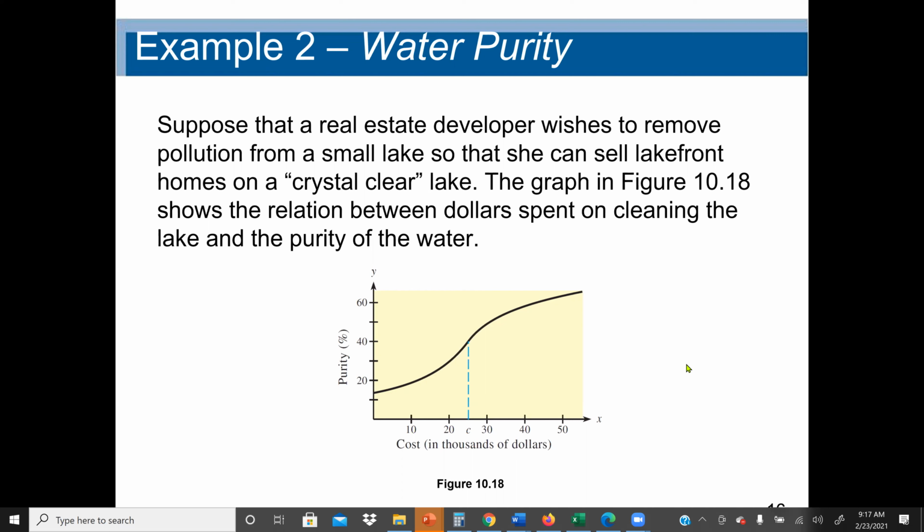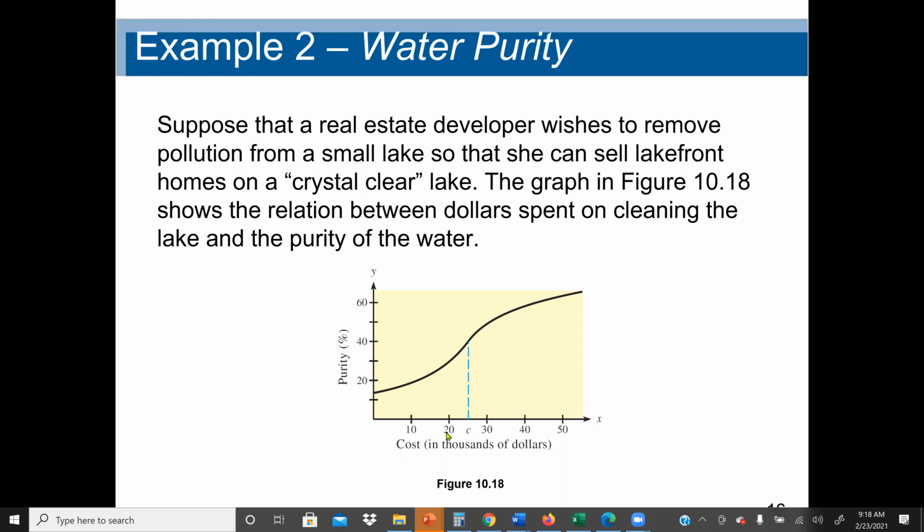Now, we don't see the question. They didn't ask a question here, but the question will be finding the point of inflection. When we look at the graph, you can see they have C. C looks like a point of inflection. It's increasing very fast, but later on it's still increasing, but not at the same rate as the first.